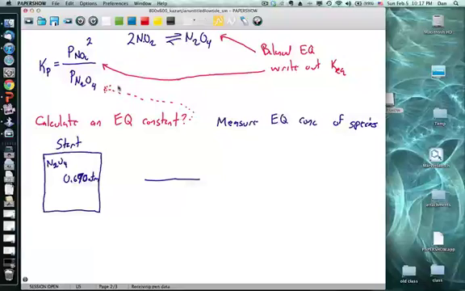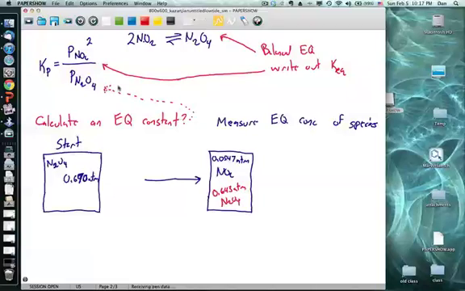You let this sit around for a while, and over time you'll eventually reach equilibrium, and you'll see 0.0547 atmospheres of NO2 and 0.643 atmospheres of N2O4 have developed in this reaction.